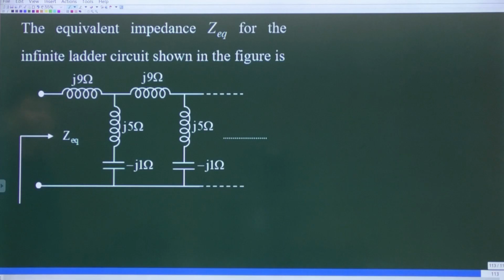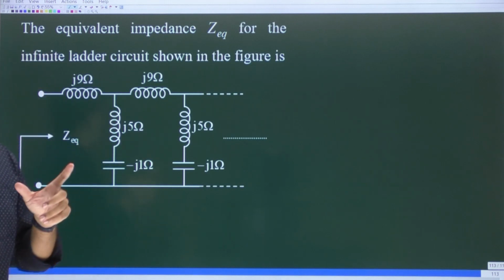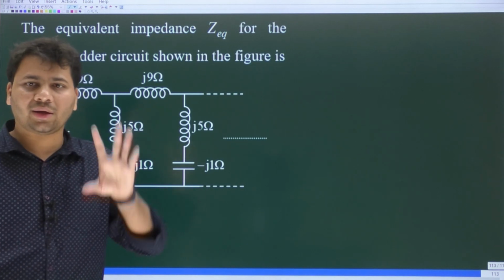Okay, this is an infinite ladder network which contains inductors and also capacitors. The equivalent impedance is what you should try to find. Because there are infinite number of sections, first of all you should identify which section is getting repeated.